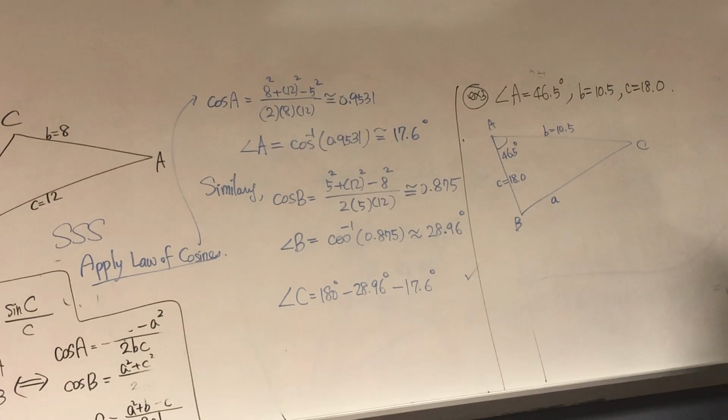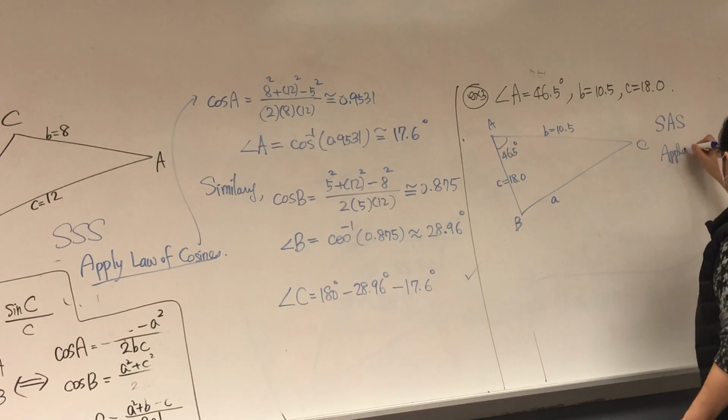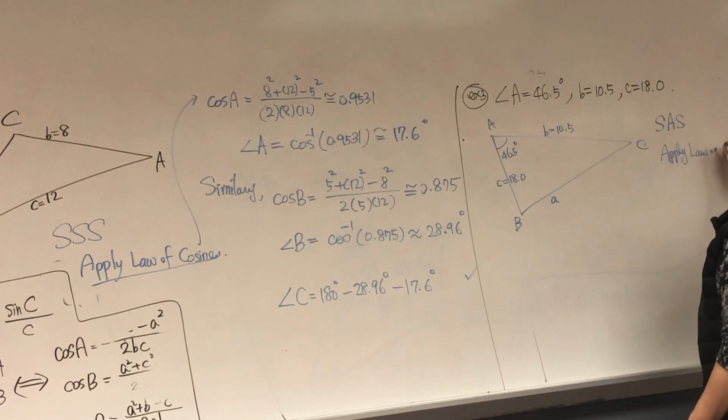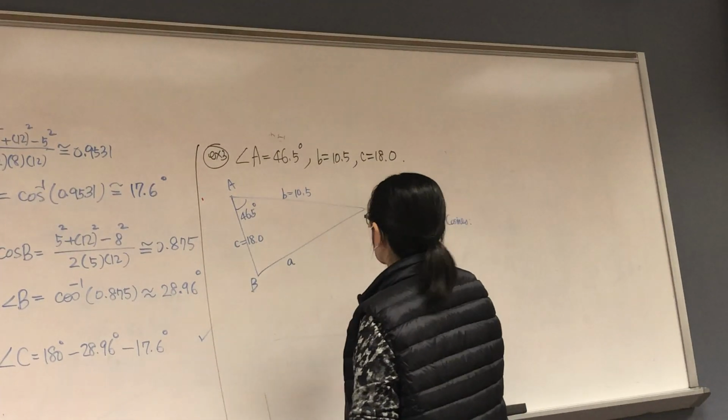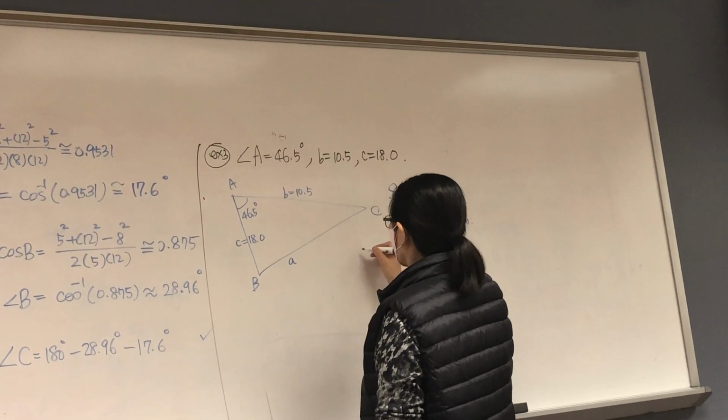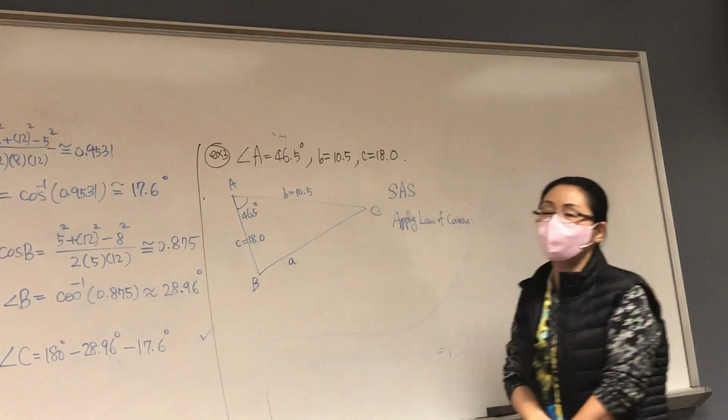So what information do we have? I mean, what kind of type is it? Side angle side. Good. SAS form. So which law? Cosine. Apply the law of cosine. Which one do you want to figure out first?